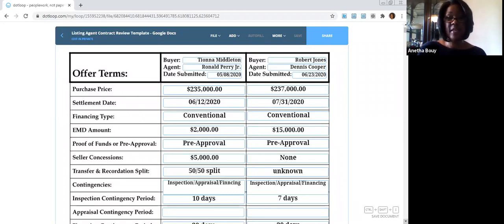They have said for the transfer and recordation split to be 50-50, meaning the buyer will pay their transfer and recordation taxes, and the seller can pay theirs.